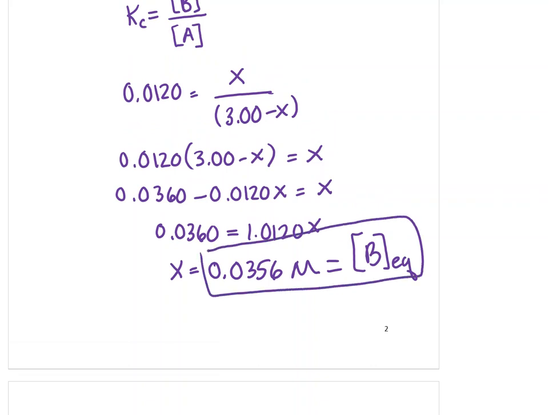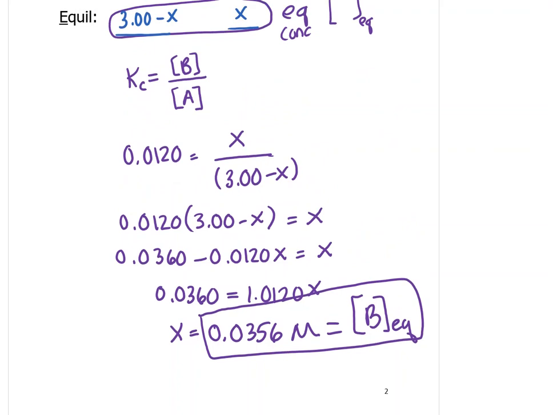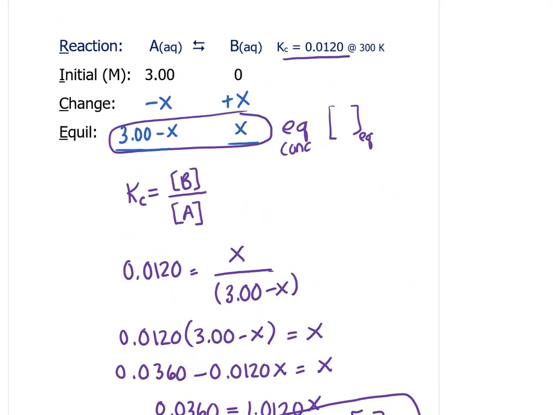And then as far as sig figs go, what you do is you look at your concentrations and your equilibrium constant. Originally this one went 2 past the decimal. It had 3, and this one has 3.